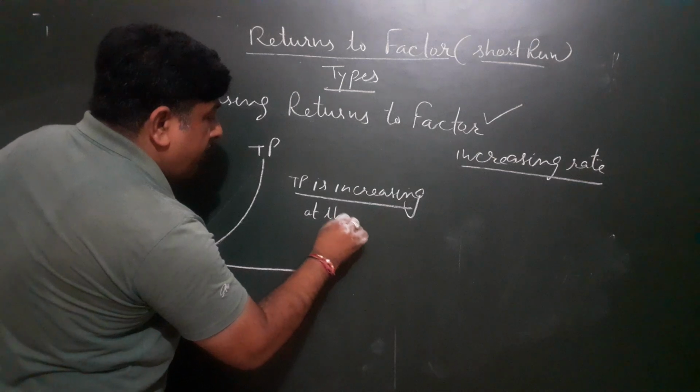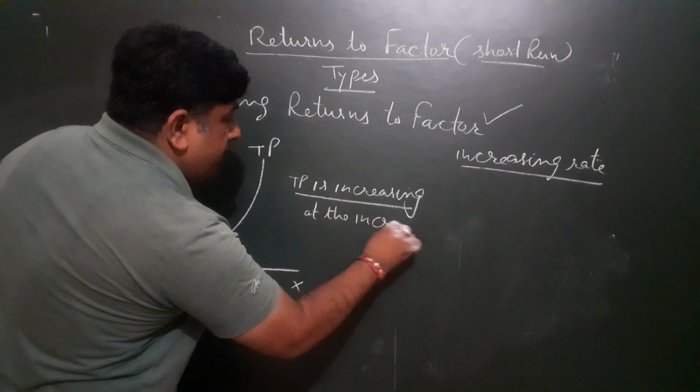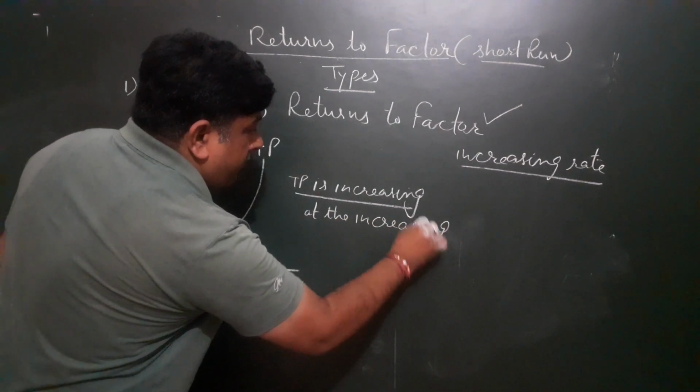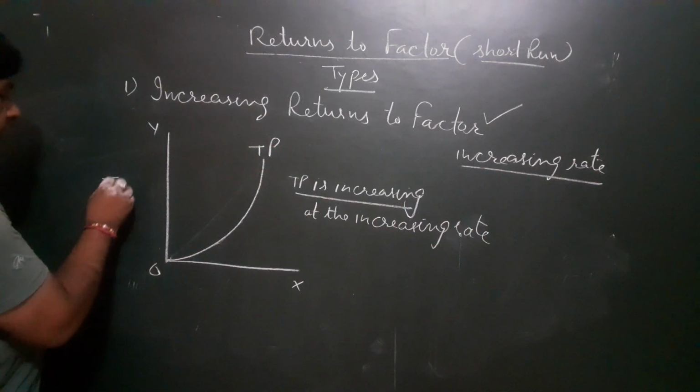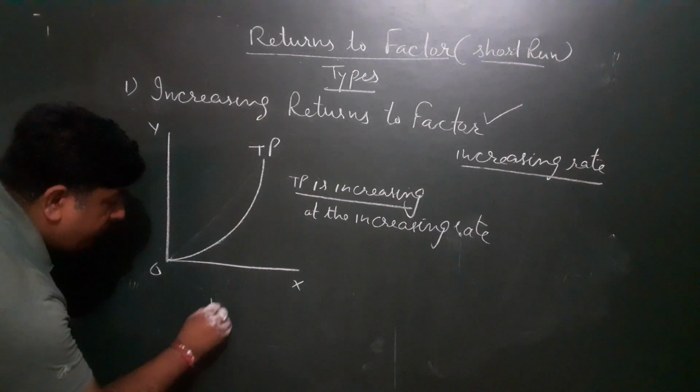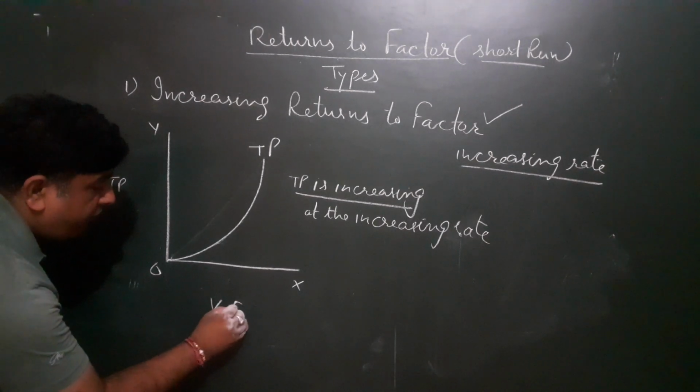Here we will take TP, and here we will take variable factors.